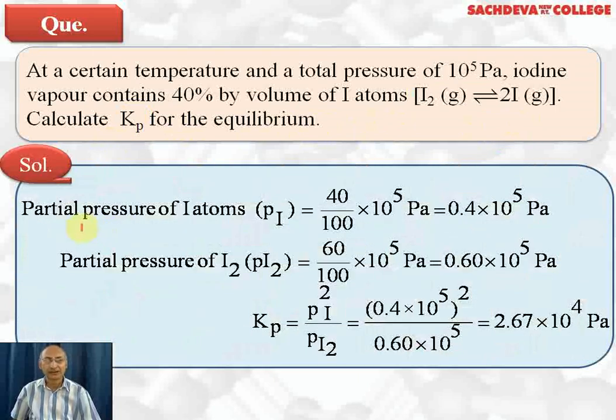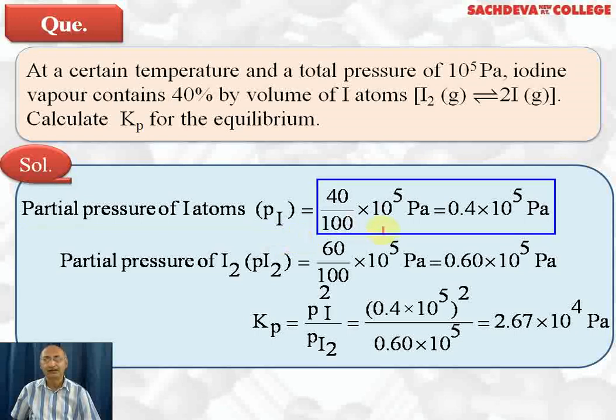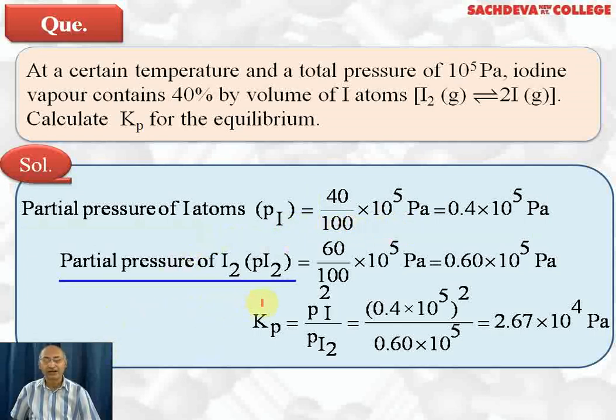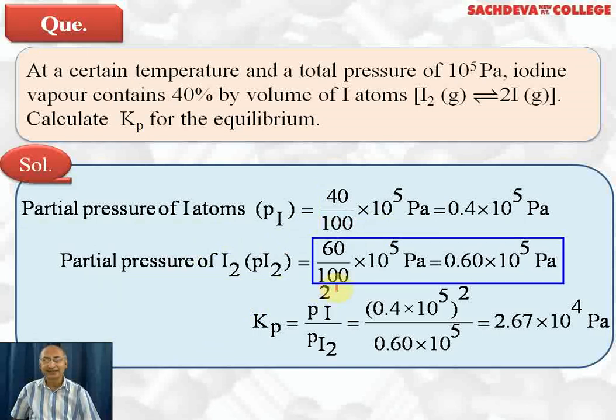So the first step is the partial pressure of iodine atoms, which is equal to 40 by 100 into 10 to the power 5 pascals, which comes out to be 0.4 into 10 to the power 5 pascals. The partial pressure of iodine is equal to 60% of the total pressure, that is 60 by 100 into 10 to the power 5, which comes out to be 0.6 into 10 to the power 5 pascals.